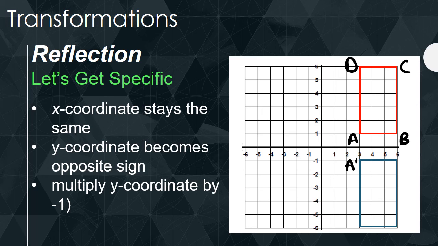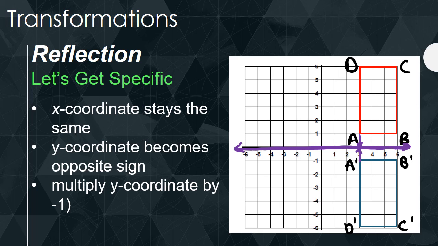For 6, -1 is going to be B prime. For 6, -6 is going to be C prime. And for 3, -6 is going to be D prime. So you can see that we're just reflecting. A and A prime are the same distance from the x-axis.